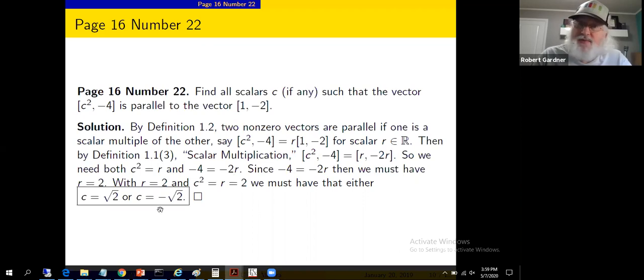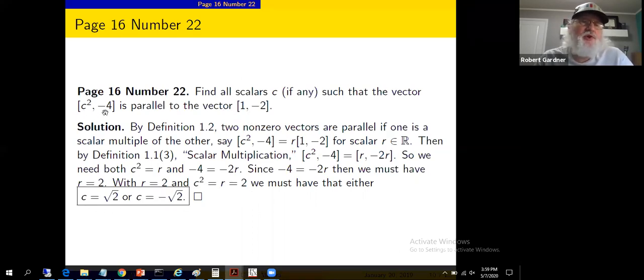We'll talk about systems of equations at great length fairly soon, in the next two or three sections. But we've satisfied the second equation to find r, plugged that in, and that gives us a condition on c. If c is square root of 2 or negative square root of 2, then we will have these vectors be parallel, because then c squared equals 2 in either case.